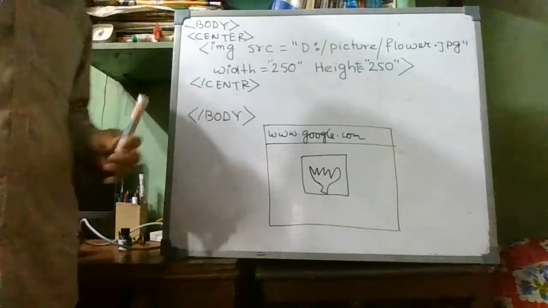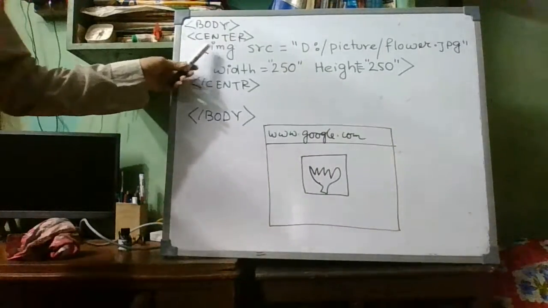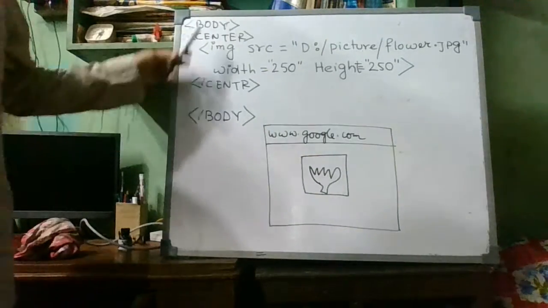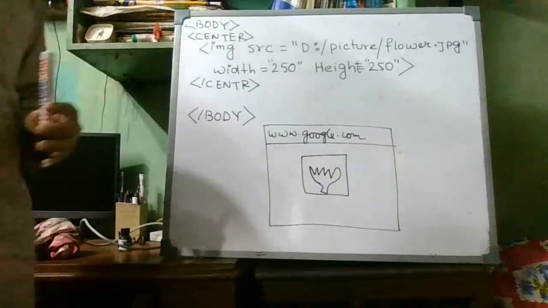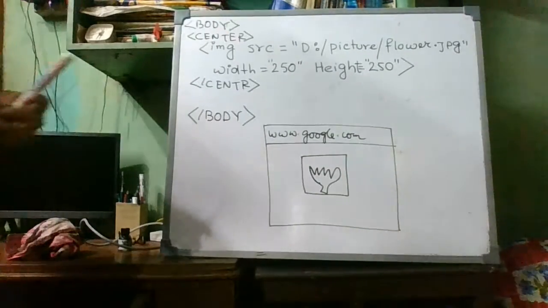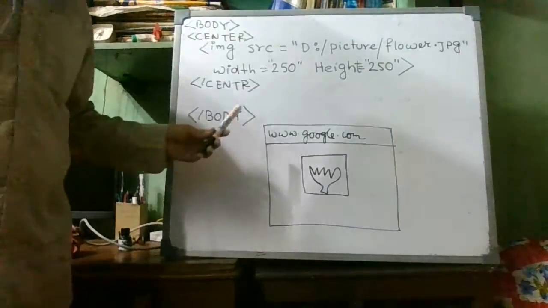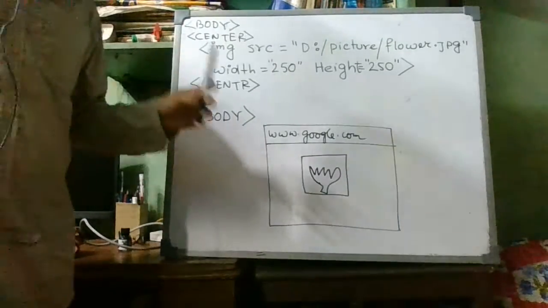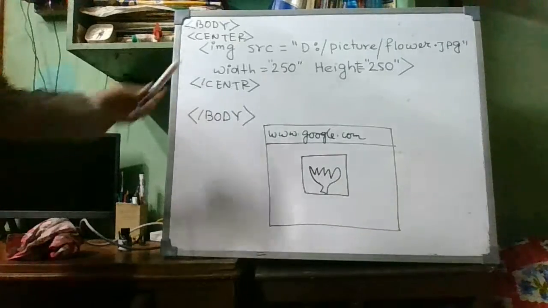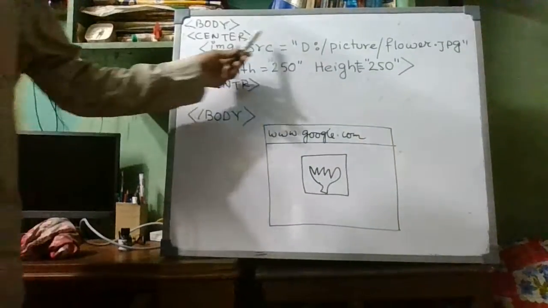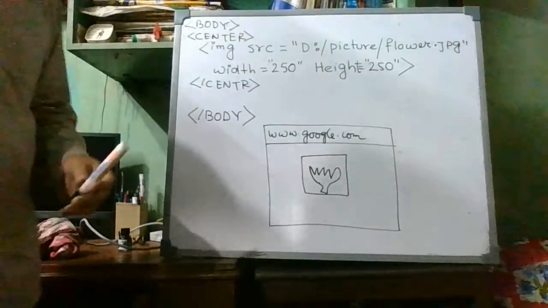And remember one thing, I have used only one image tag within the body tag or body of the HTML document. You may use multiple image tags, and you may include multiple images within the web page. Within one image tag, I have used one picture.